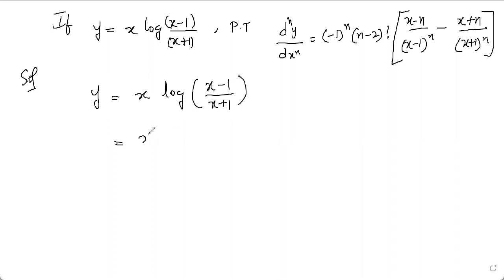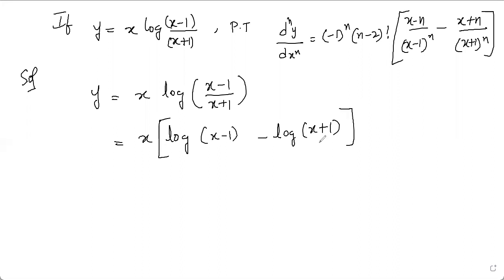Let us write that. So log of this would be log(x−1) minus log(x+1). Now we'll consider x as u and this whole thing as v.